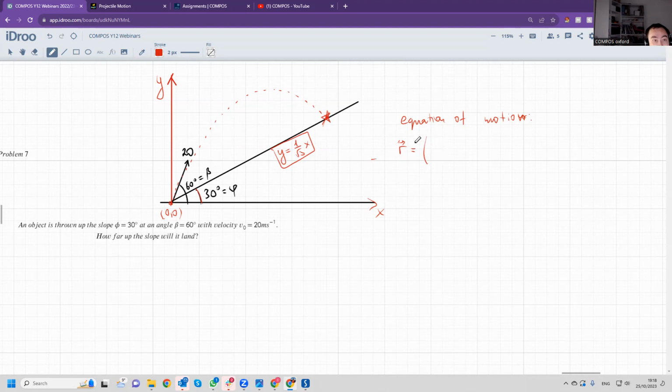Okay, so r for the object is going to be 0, 0 plus the initial velocity.